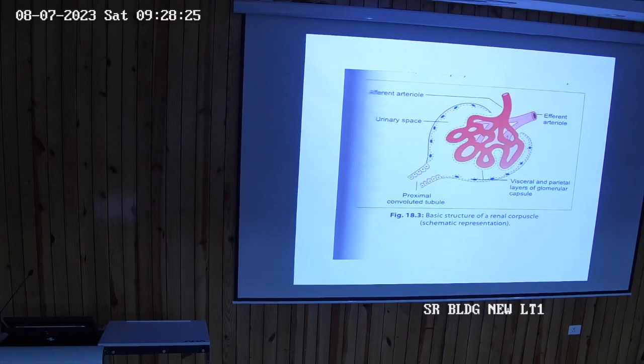Now I am coming to the PCT part. The PCT begins from the urinary pole of the renal corpuscle. And these proximal convoluted tubules, which are present in very large numbers in the cortex part of the kidney, are lined by cuboidal cells. But keep one thing in your mind: the cuboidal cells of the proximal convoluted tubule are showing microvilli.